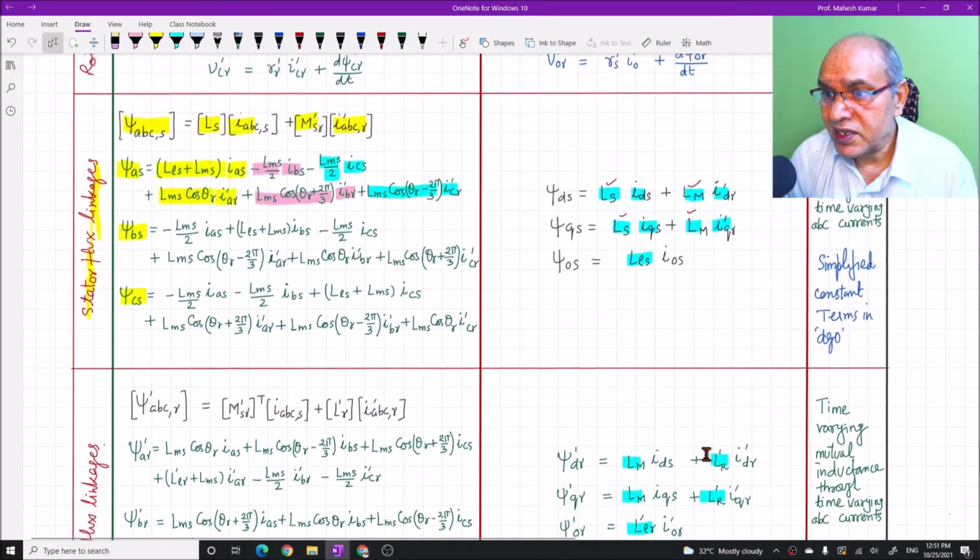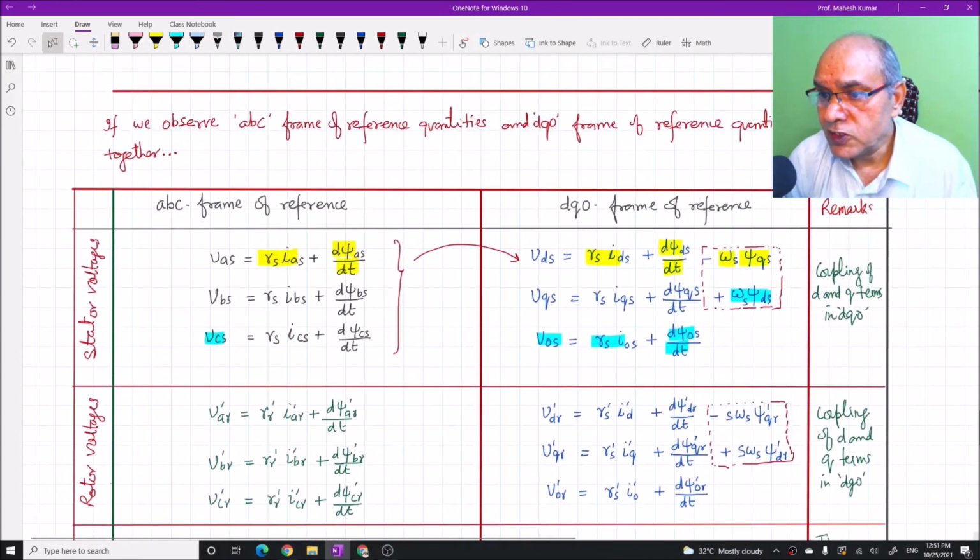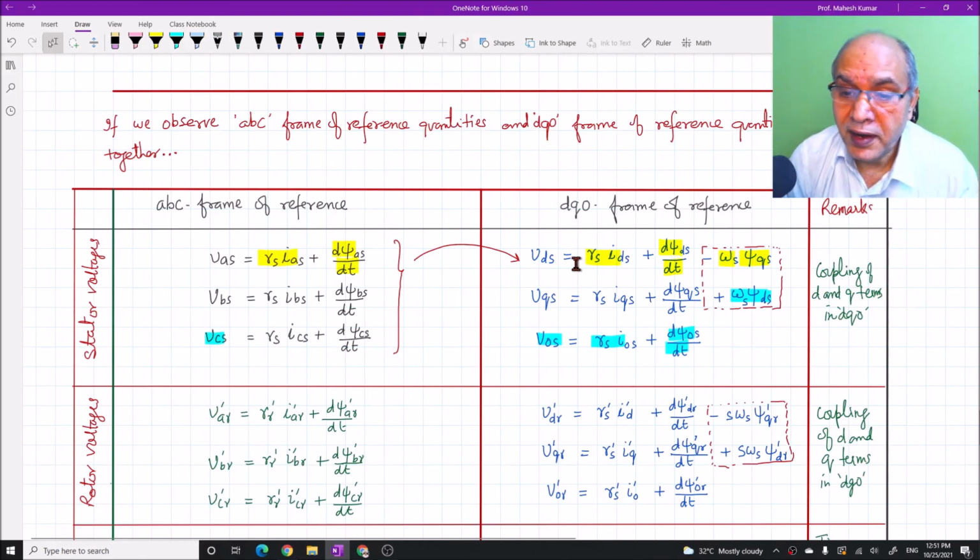If you look at the remark that I have made here, the first one is that in DQ0 frame of reference, we have equations for voltages with cross coupling terms. In case of ABC, there is no cross coupling of the voltage terms, but here it is there. But here it is there in terms of the flux linkages cross coupling.